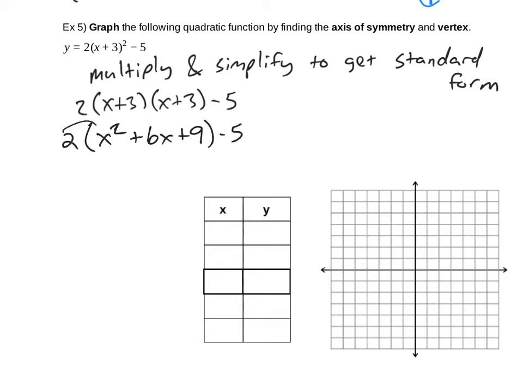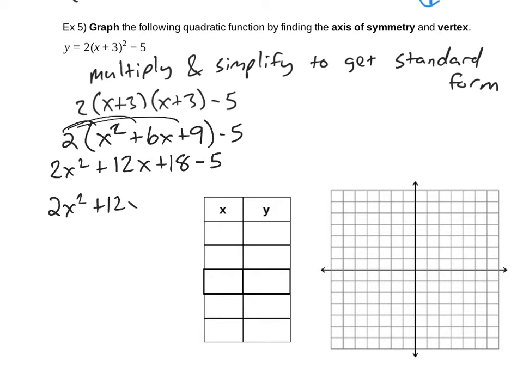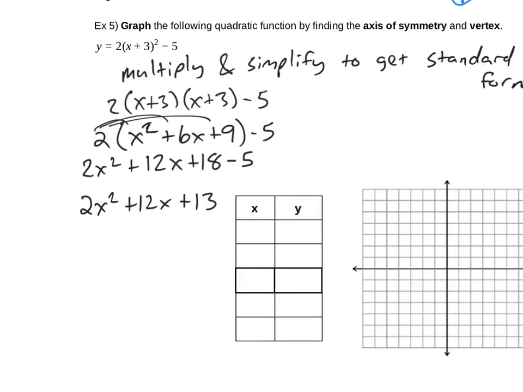Then I'm going to distribute my 2 inside to that trinomial. 2x squared plus 12x plus 18, and don't forget the minus 5 over there. That's right, 2x squared plus 12x simplifies down to now plus 13. And now we have standard form.